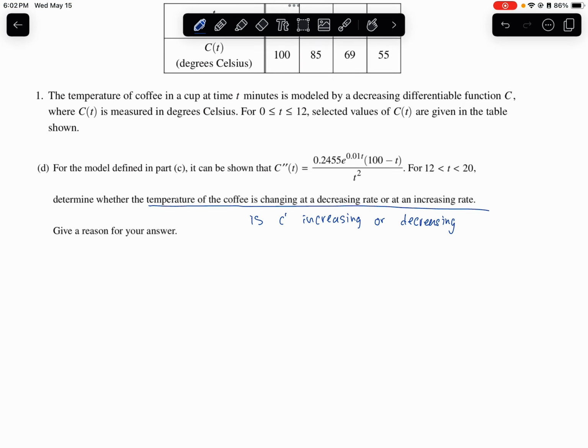So I would say as such: C double prime of t is greater than 0 on the interval from 12 to 20, and so C prime is increasing. I'll answer it just like how they stated it: the temperature of the coffee is changing at an increasing rate.